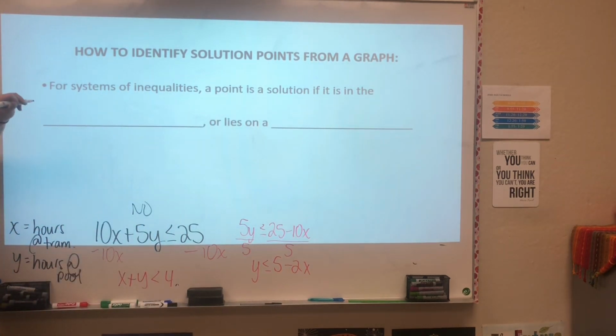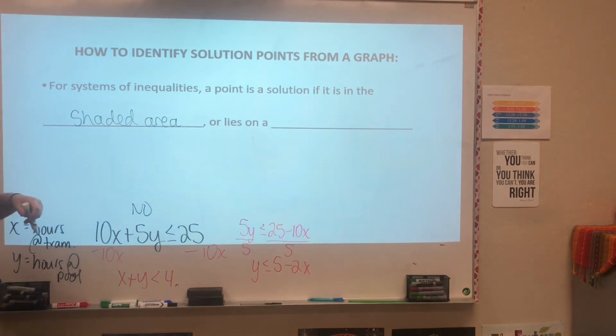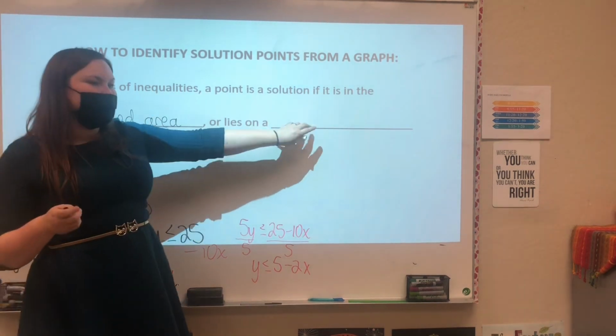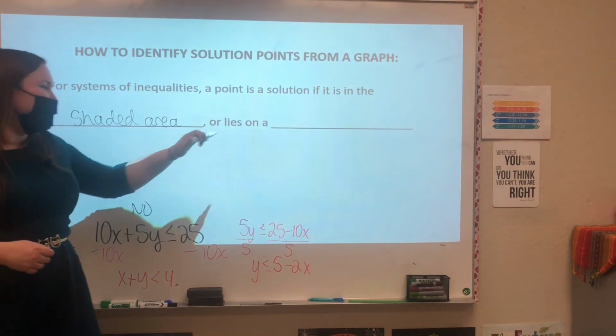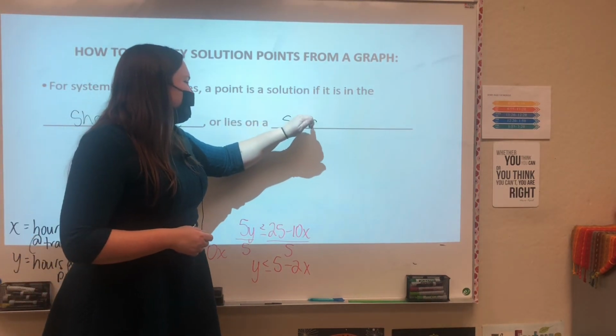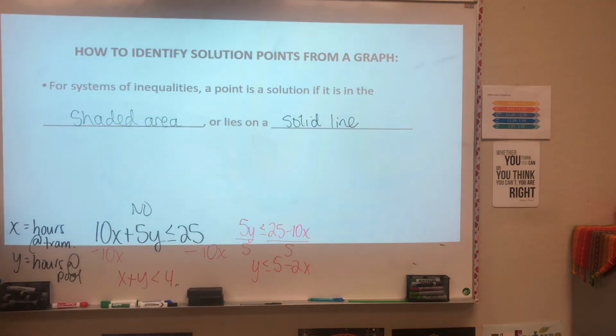One place it could be a solution point is if it is in the shaded area. Yep, the shaded area. The other place it could be is if it lies on a solid line. It's like you're the teacher. Solid line. If it was on the dotted line, that wouldn't be a solution point.